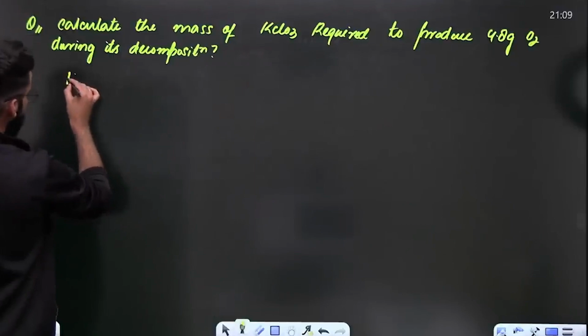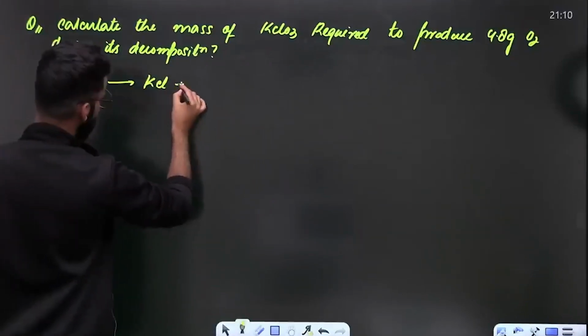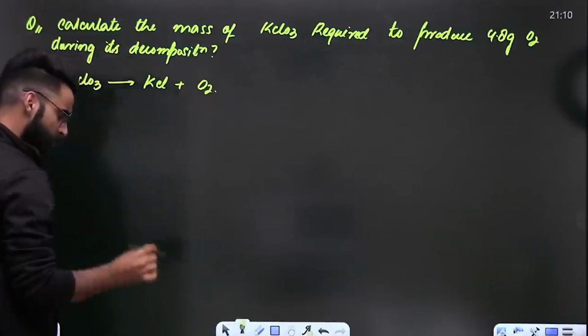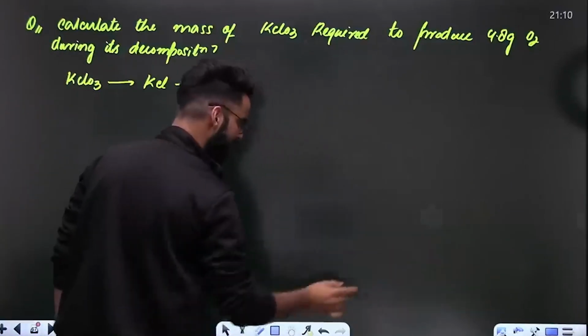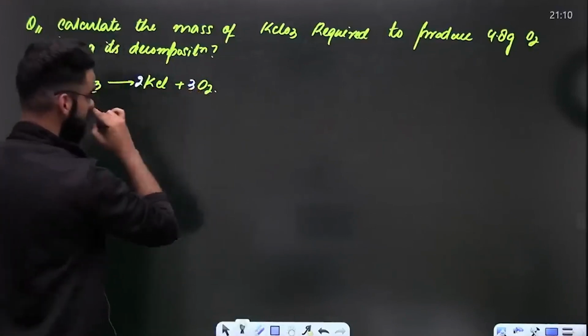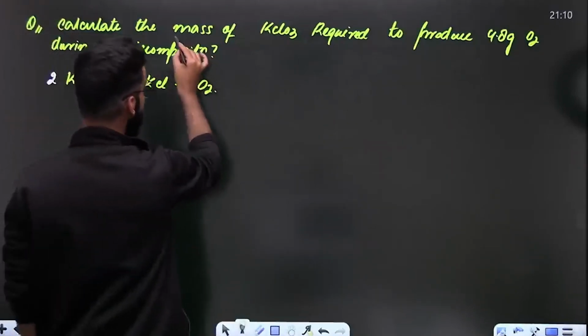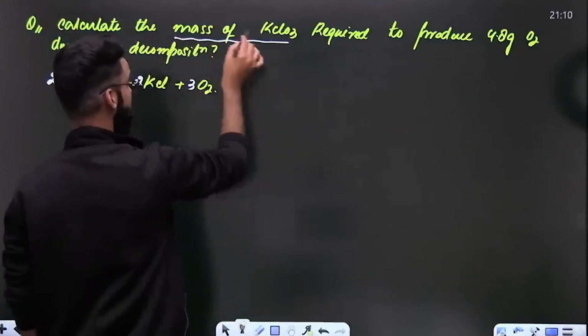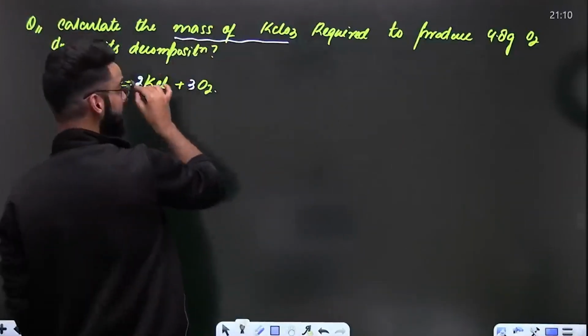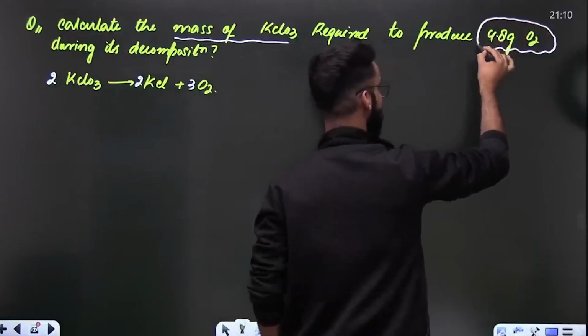So, since we know KClO3 solid upon heating gives KCl and O2, and since we are solving all the questions with the help of mole method, this is 2 times, this is 2 times, this is 3 times, right? Now, as per this question, we have to calculate the mass of KClO3, which is required to produce 4.8 grams of O2. This is my given quantity.